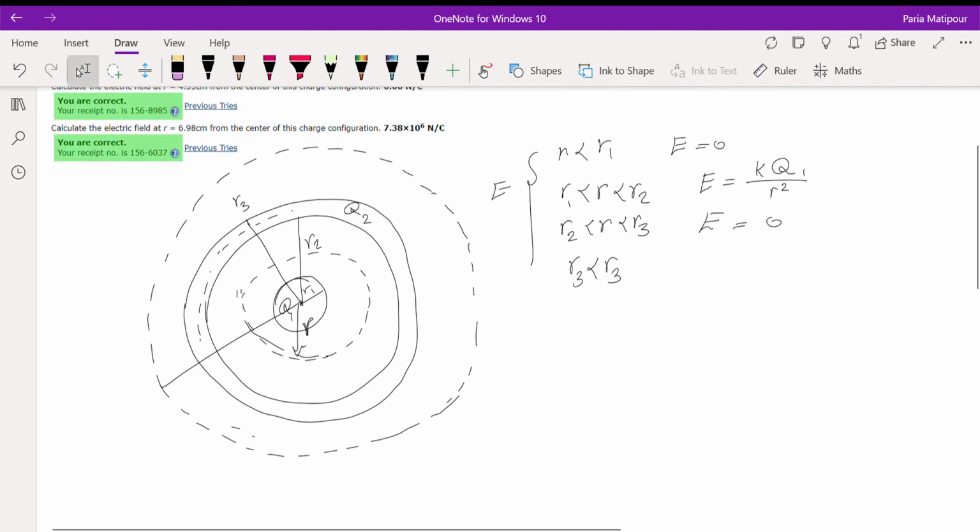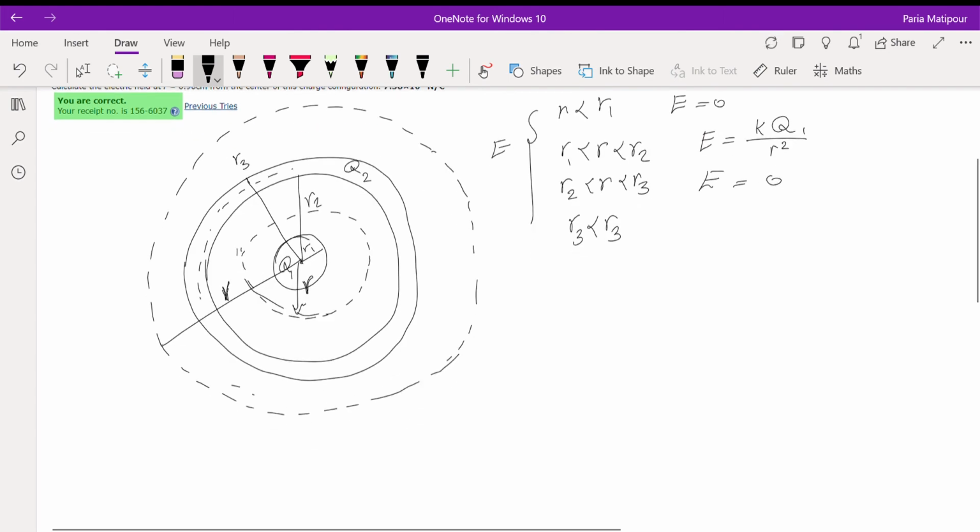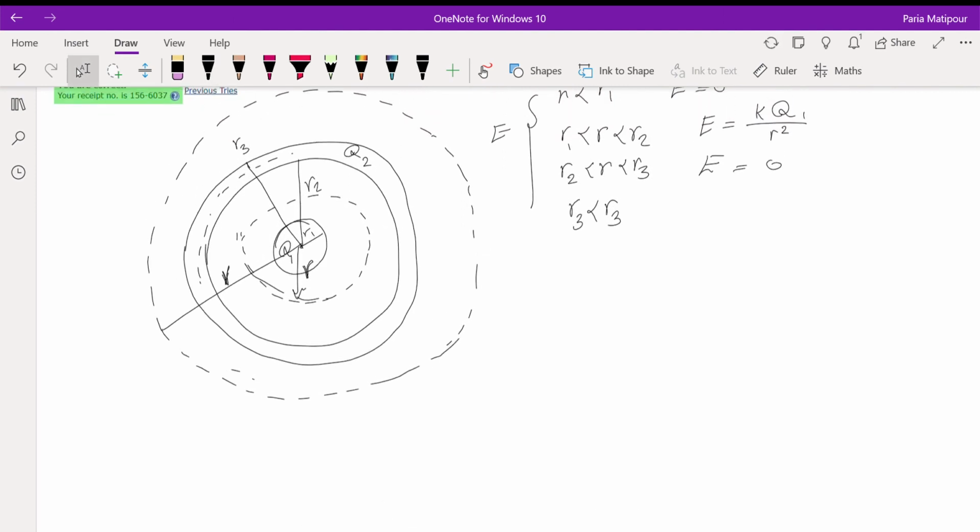So this is the sphere that we have, and the radius of this sphere is bigger than R3. So basically what we need to do is find the Q inside this sphere, which is equal to Q2 plus Q1.